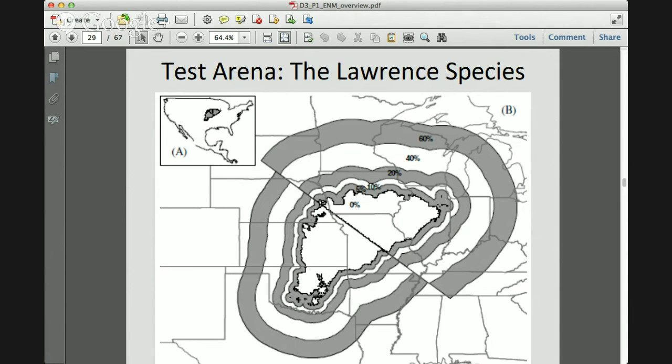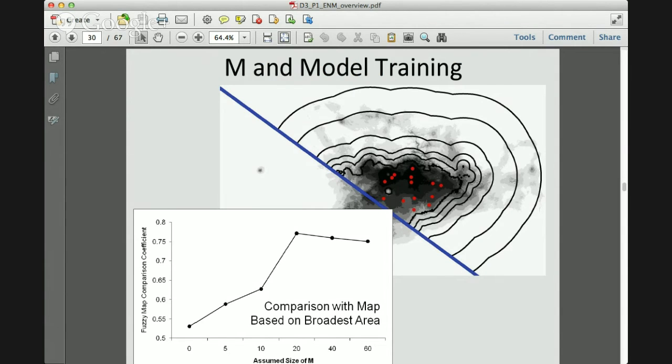Now, all I want to show you is that that calibration area affects everything we do in niche modeling. So if we're talking about calibrating models, this graph in the lower left is a comparison of the maps. And up near 1.0 is that the maps are completely identical.